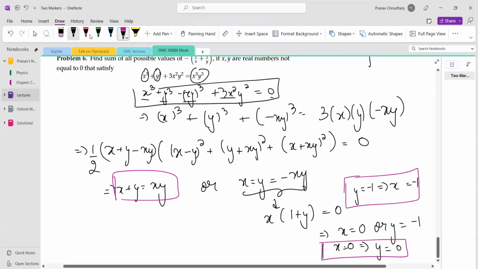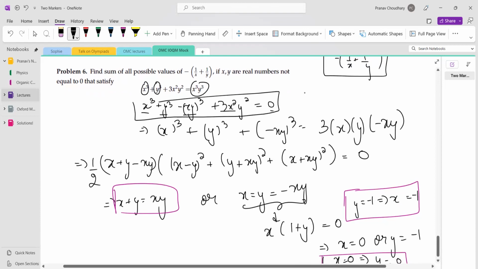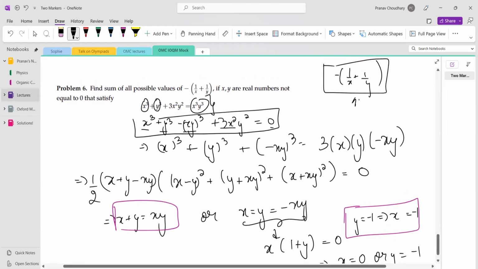Okay. So now we have to find all the possible values of this thing, right? You can put back all the values in the original equation and see that all of them actually work. And you have to find all the possible solutions to this, right?